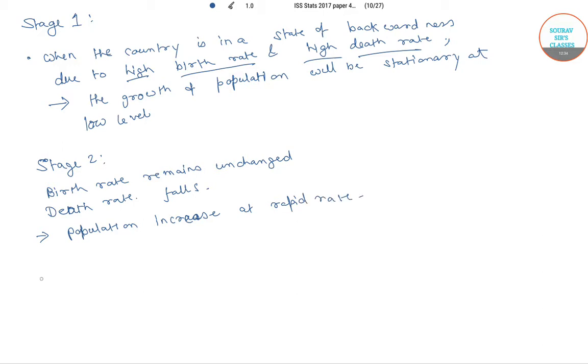Now in stage 3, with the fall of death rate, the birth rate will fall too.